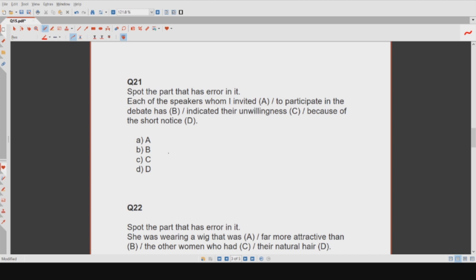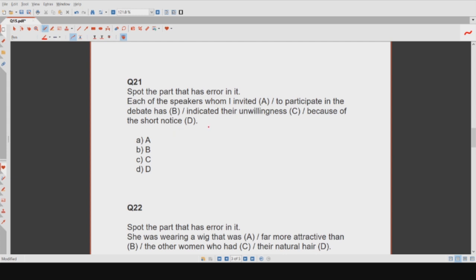Question 21 was also on the error correction type. Each of the speakers whom I invited to participate in the debate has indicated their unwillingness because of the short notice.